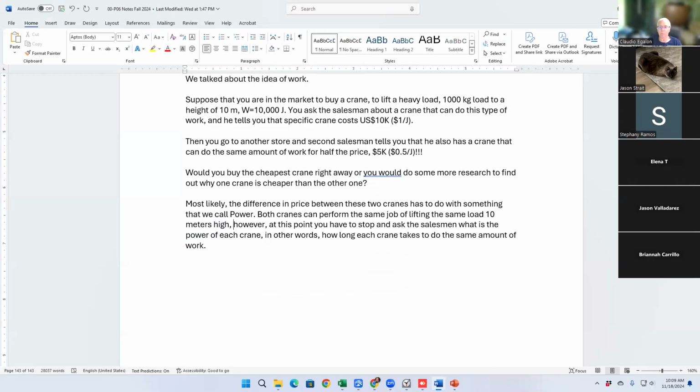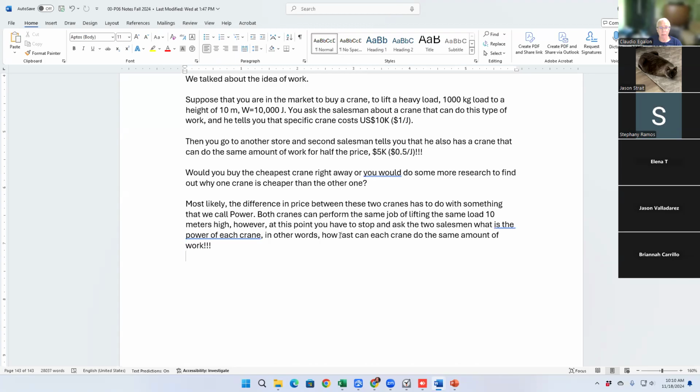However, at this point, you have to stop and ask the two salesmen what the power of each crane is, or how fast can each crane do the same amount of work? That's what you have to ask, and then you can finally make a decision. What's the power of each crane?